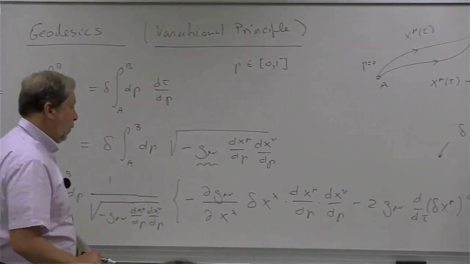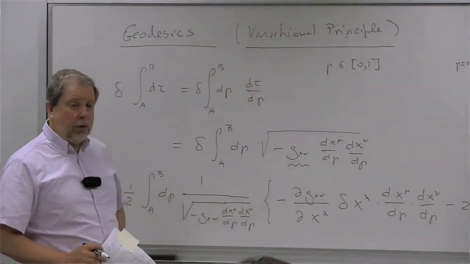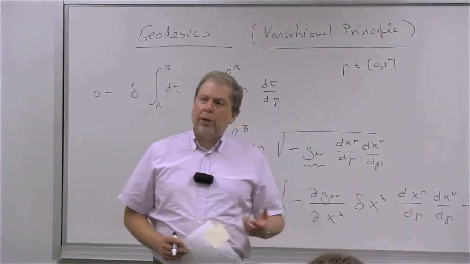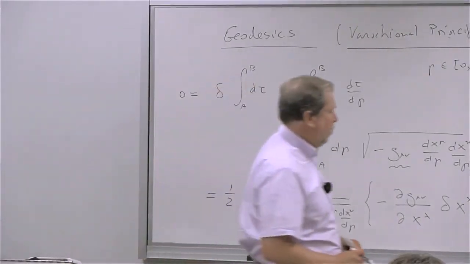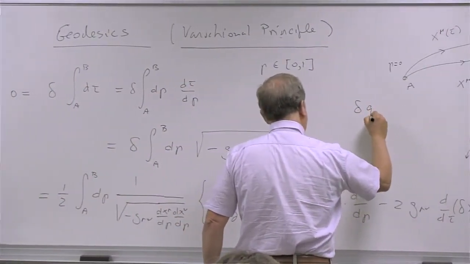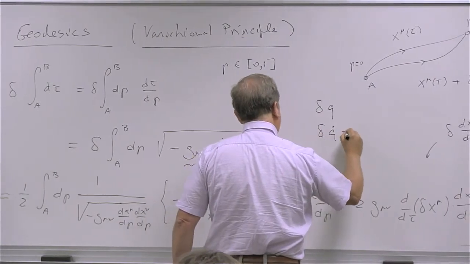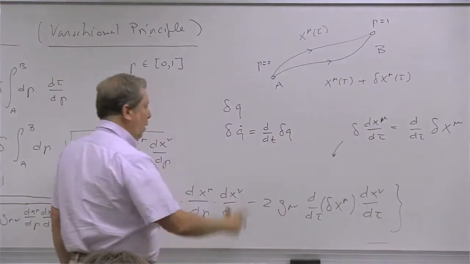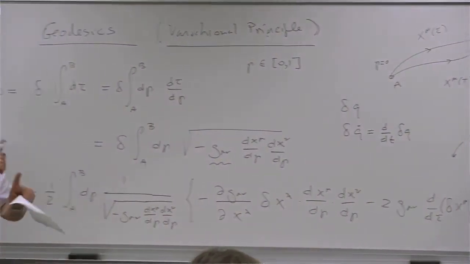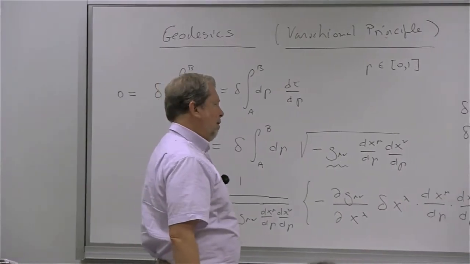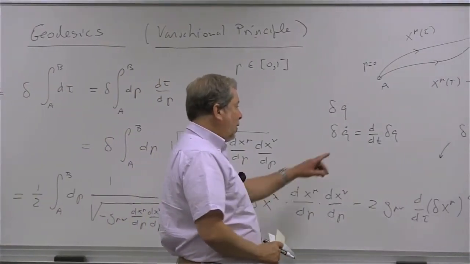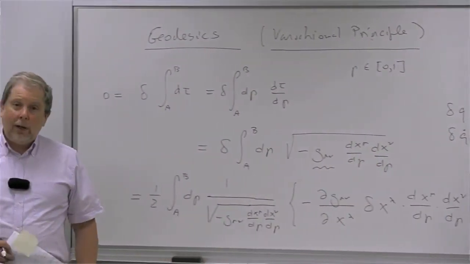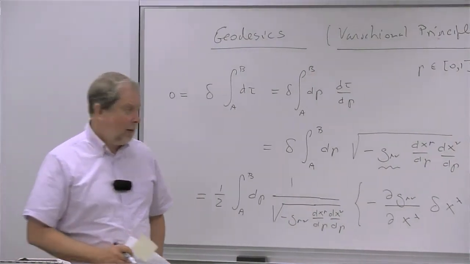And so what do we do at this stage? Well, we do what you usually do already in classical mechanics, where we do the variation with respect to q and q dot. You do remember that you vary with respect to q and you vary with respect to q dot. And this you can write as d by dt times the variation in q. Exactly by the same argument, we can interchange the derivative with the variation. And so in classical mechanics, after we have done this manipulation, we then integrate by parts. You remember that?